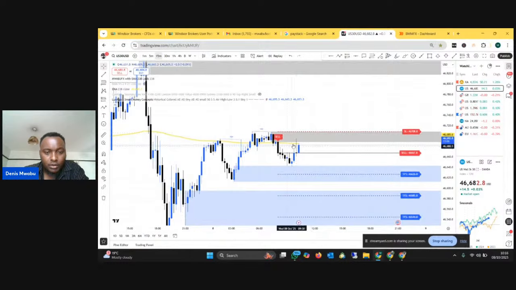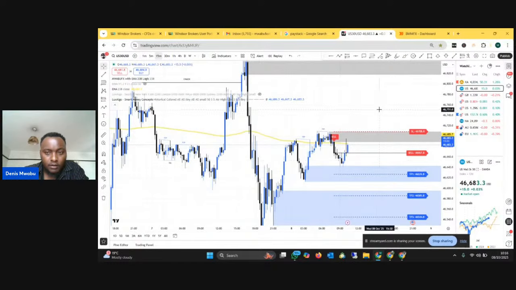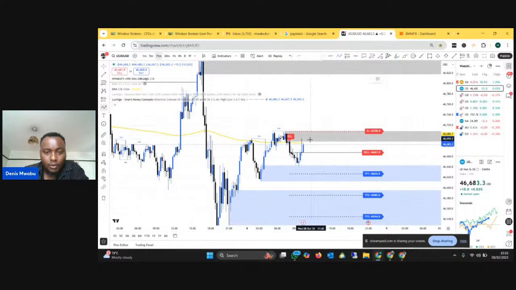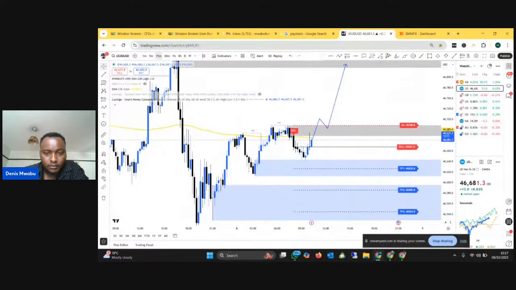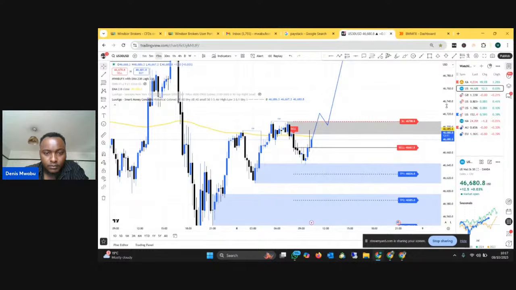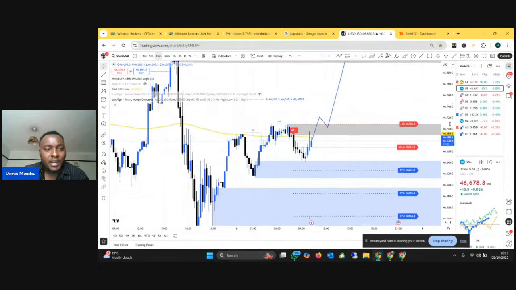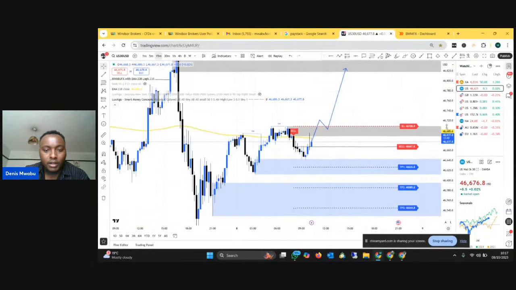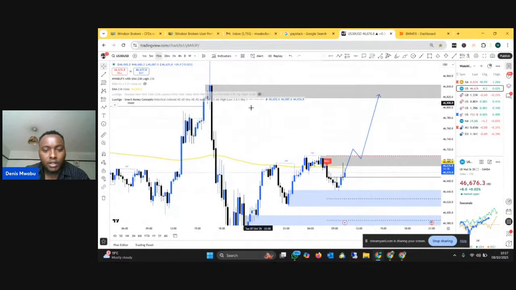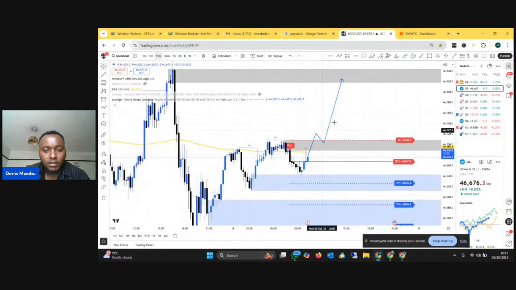If this area is not respected for a sell with US30, we can expect buys now up to this zone, which I feel is the one most likely to happen, this buy.